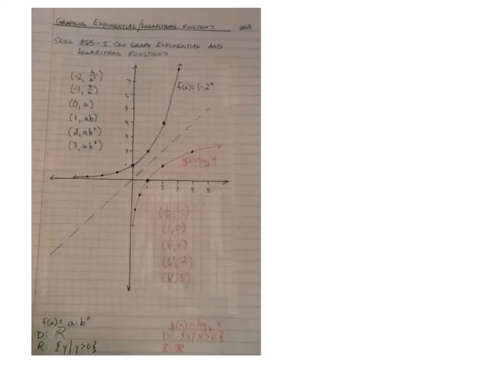We'll begin our notes on page 65A, and these notes are just going to consist of walking you through two example graphing functions and their inverses. So let's take a look at our first function, which is f of x equals 1 times 2 to the x. And let's zoom in on this.